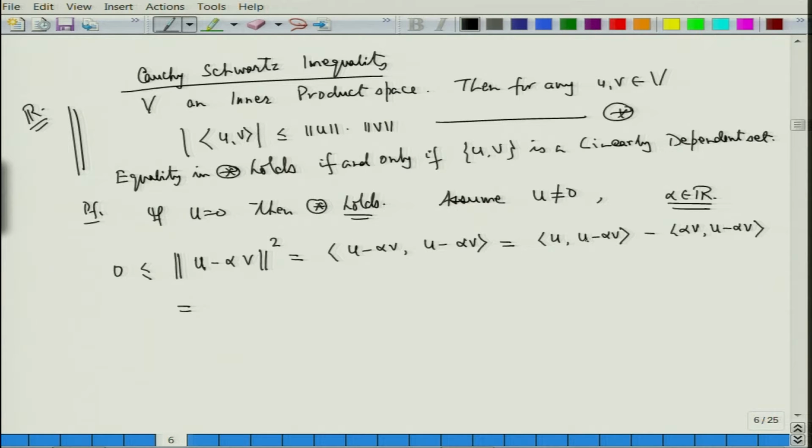I may make mistakes, but it will be your responsibility to make corrections in those expressions, alright. But here I am doing it nicely. Since I am looking at over R, inner product of xy is same as yx, alright. I do not have bar coming into play, is that okay?